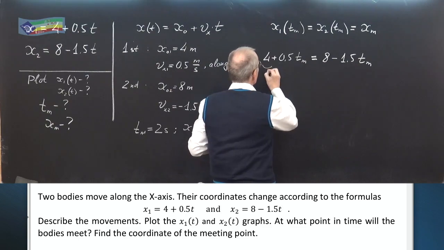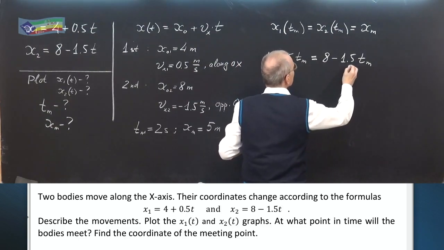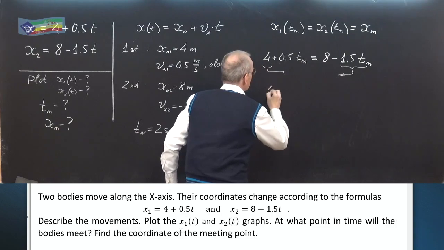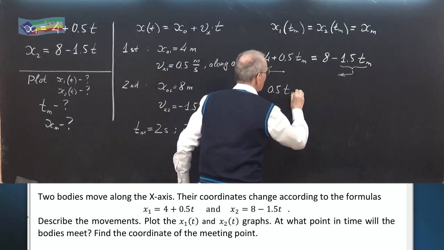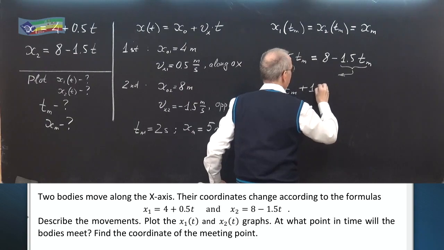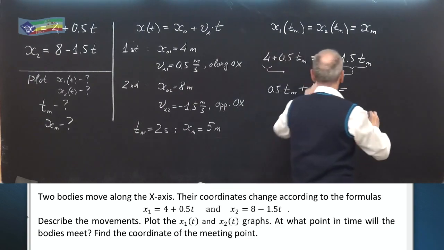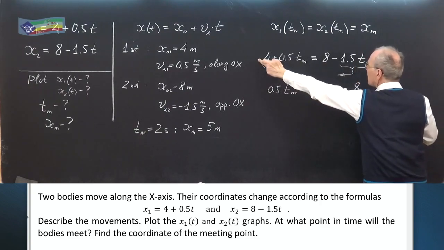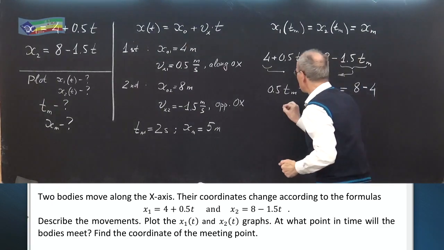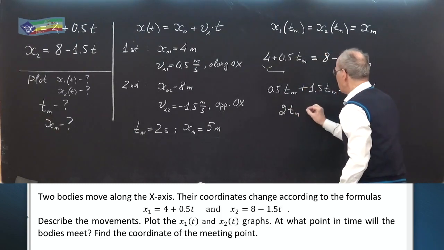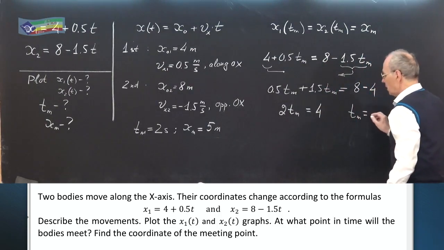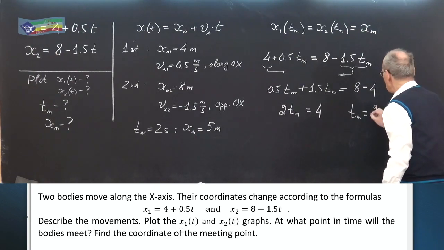So here, move this term to the left part, and we'll have 0.5 Tm plus, this minus converts into plus, 1.5 Tm equals 8, here after movement, minus 4, or 2 Tm equals 4, or Tm equals 4 divided by 2, 2 seconds.